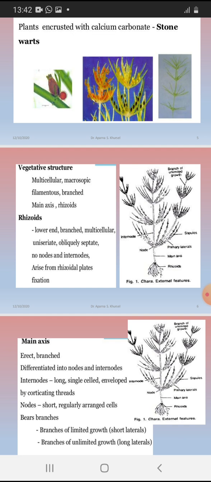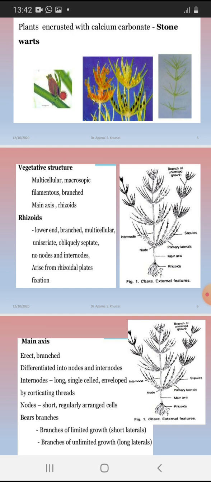The whole plant thallus is divided into two parts, that is basal rhizoid and upper aerial part. The rhizoids are multicellular, branched, and obliquely placed. The thallus remains attached to the substratum by means of these rhizoids, which grow erect and bear the branched main axis above.